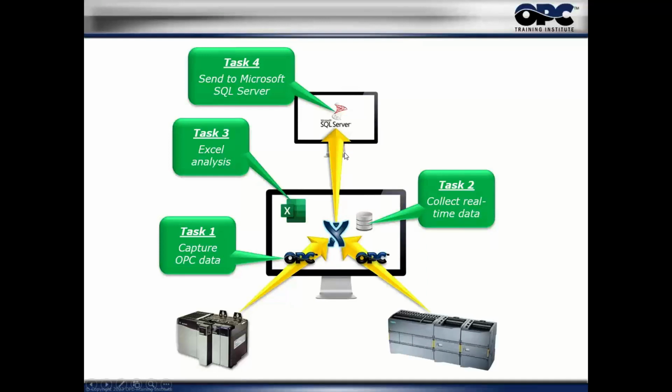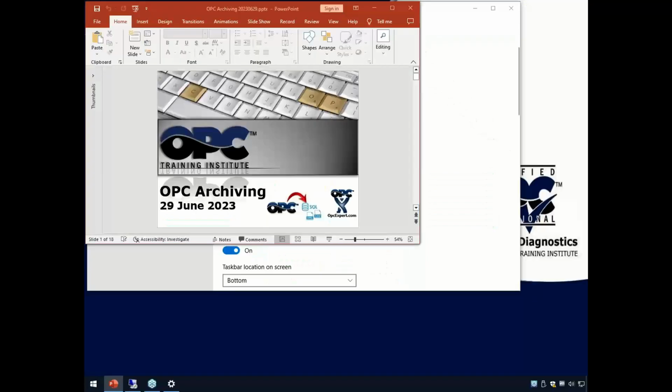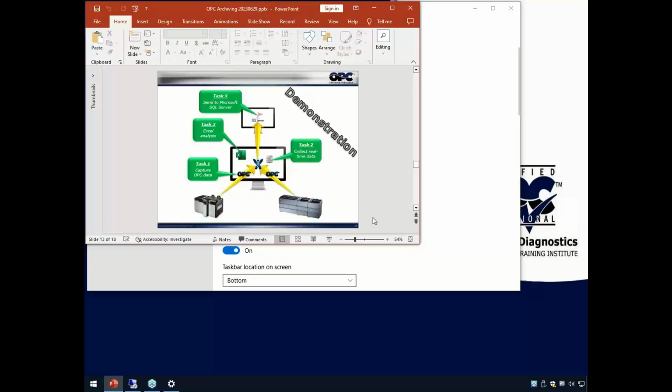Of course, SQL Server can be on the same PC, but it's a little bit more cool when you send it to a remote PC, because then we're going to cause a little problem with the network communication. All right, so let's get going with this. So what we'll do is a little demonstration. So let's get going with this. So what I have here, so there's the picture.